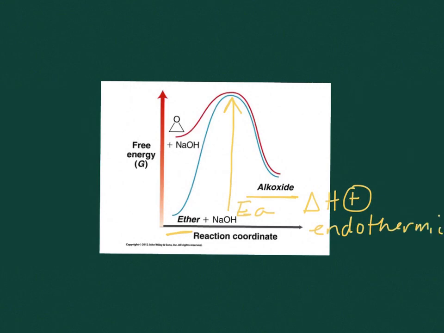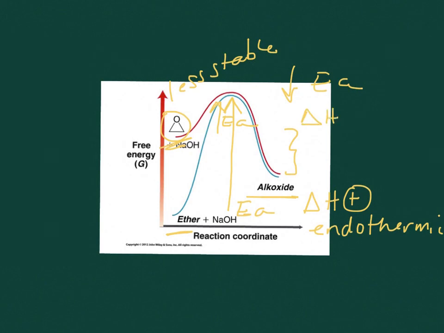If we look at the curve in red, you can see an epoxide is much higher in energy than the ether, and this is because it's less stable. When we use an epoxide, not only do we now decrease the activation energy, but now delta H is negative, and we have an exothermic reaction. So here we're using the strain of the epoxide in our favor.